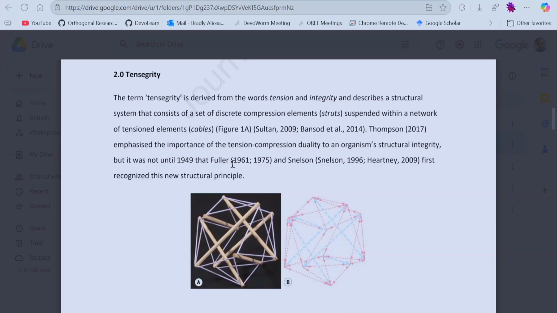He also built, if you've ever seen a geodesic dome in the wild, these structures that are half circles or half spheres, and they're held stable as a product of tensegrity.